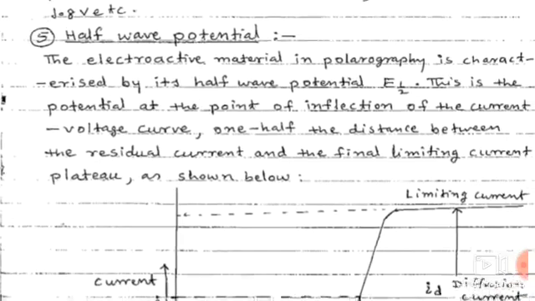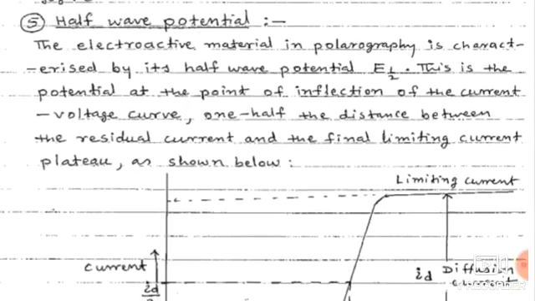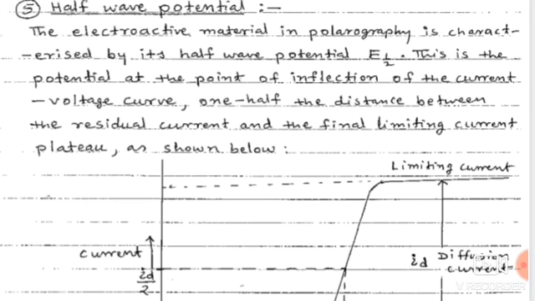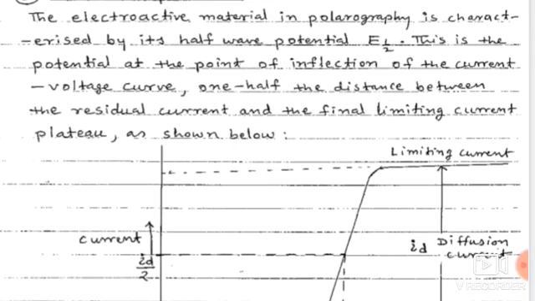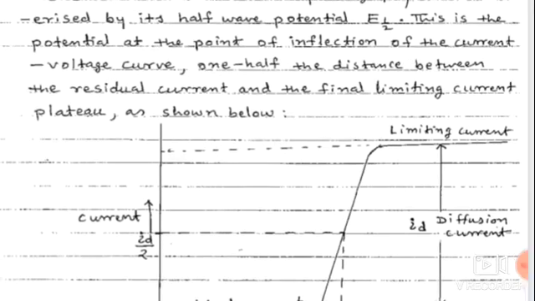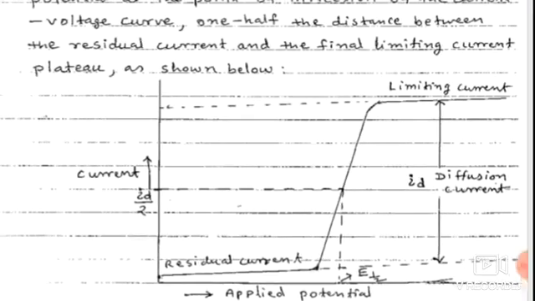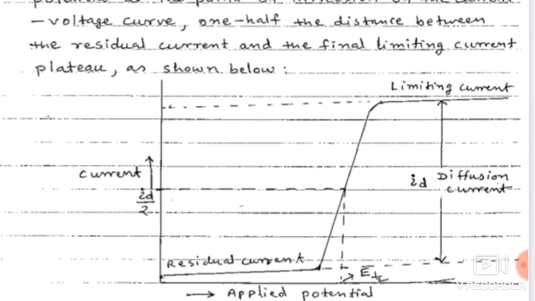So what is the half wave potential? The electroactive material in polarography is characterized by its half wave potential, like the half life period in nuclear chemistry. Here, the half wave potential E half is the potential at the point of inflection of the current voltage curve, one half of the distance between the residual current and the final limiting current plateau, as shown below.